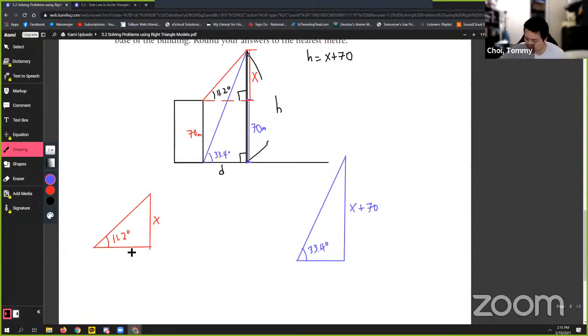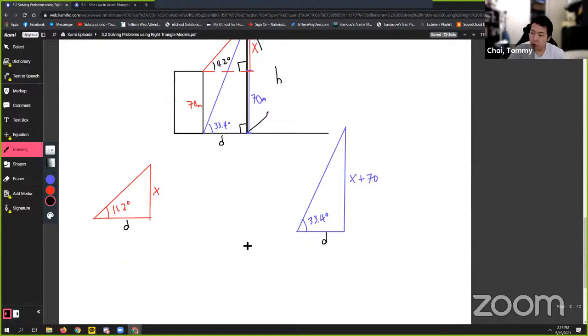We do also realize that the bottom length of the triangles is going to be the distance, right? That's true. The gap between the tower for two triangles is going to be exactly the same. So what I'm going to do instead is relate these two and think, okay, this here is opposite and adjacent.